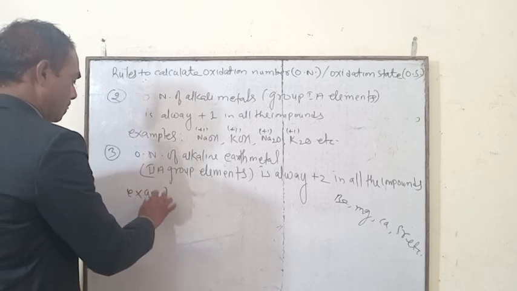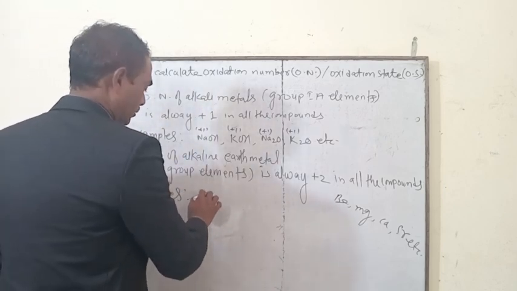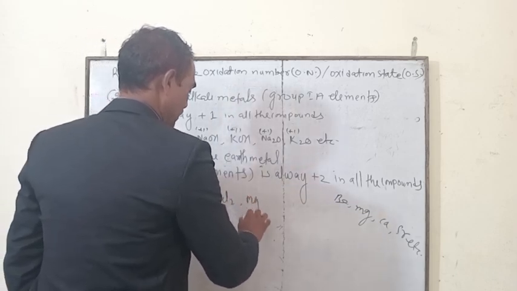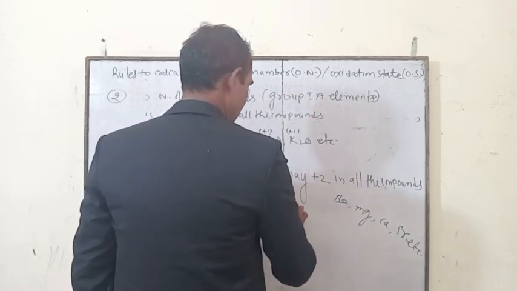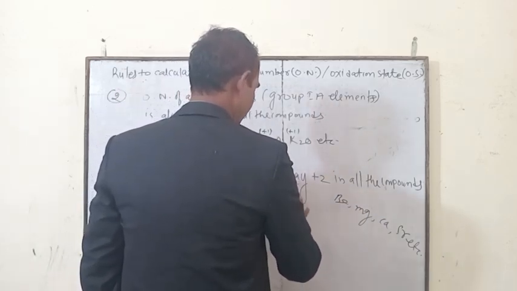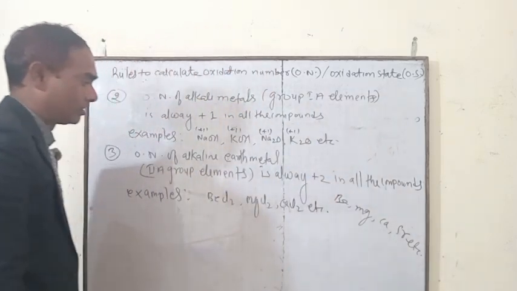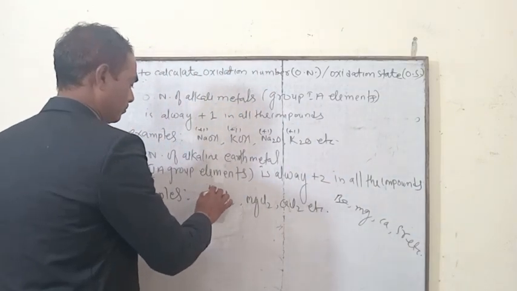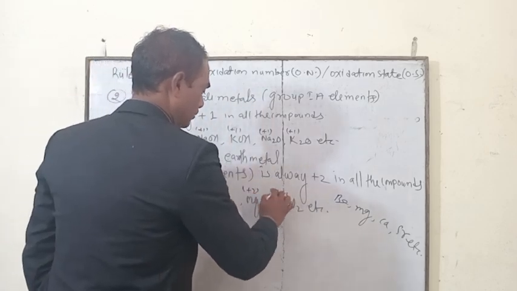Examples: beryllium chloride, magnesium chloride, calcium chloride, etc. In these molecules, oxidation number of beryllium is +2, magnesium +2, calcium +2.